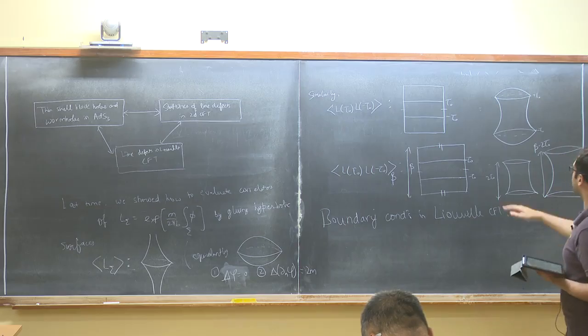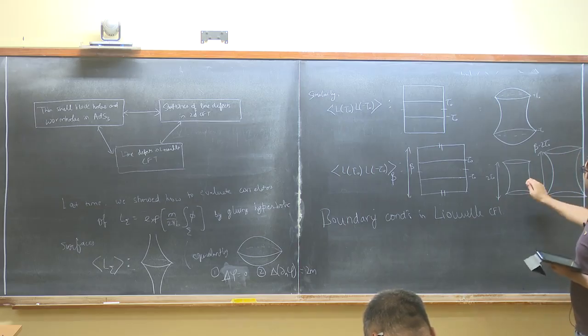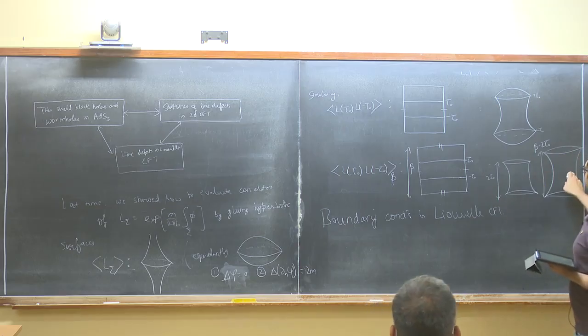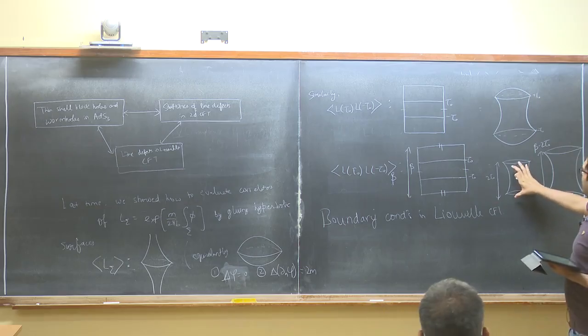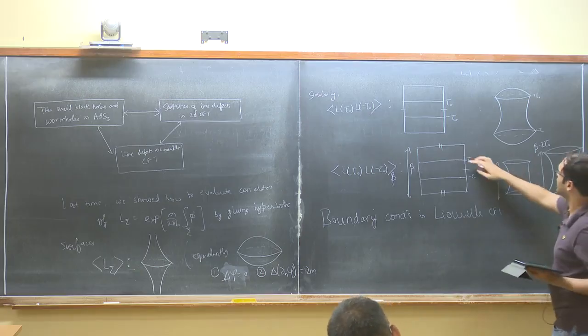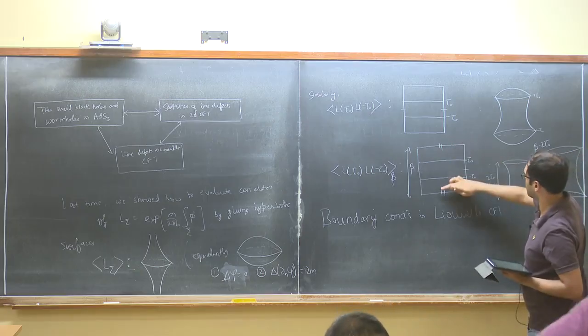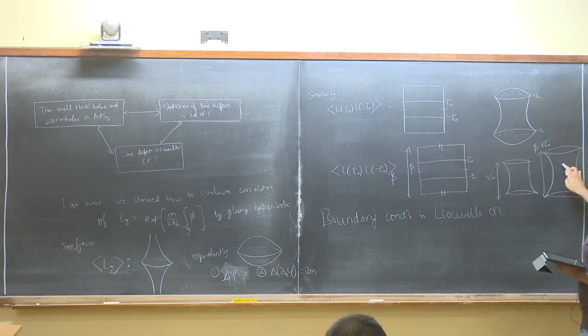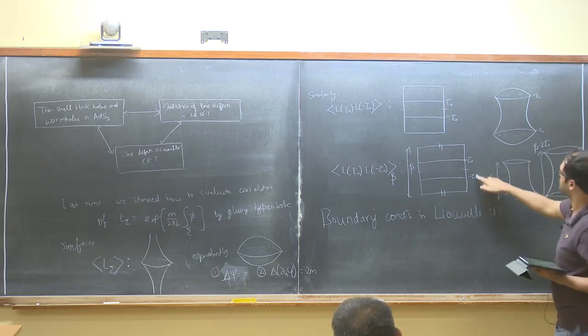The way to evaluate this correlator is again by gluing two hyperbolic cylinders. I will take this region to correspond to this hyperbolic cylinder, and then the remaining region from here all the way here is another hyperbolic cylinder. This has height 2 tau naught, and this has height beta minus 2 tau naught, as you can see from here.